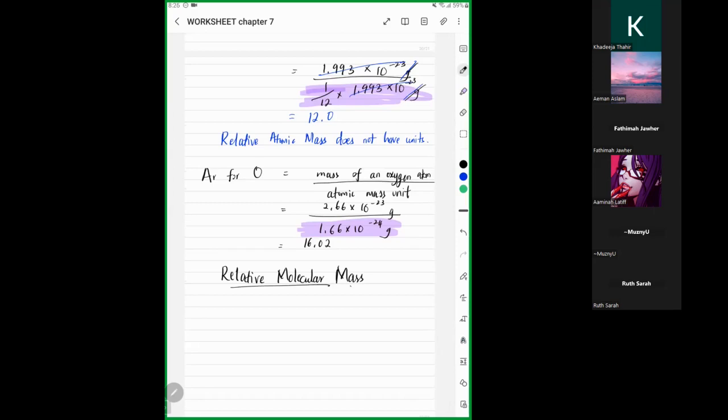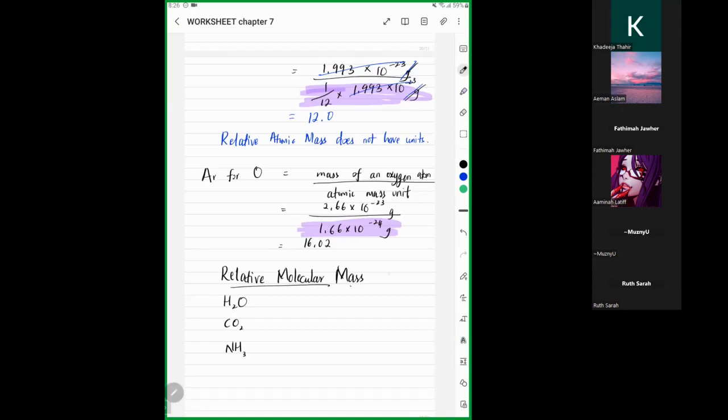A group of atoms, right? Of the same kind or different kinds. So for example, H2O will have molecules, CO2 will have molecules, ammonia will have molecules, and so on. So if you want to find the relative molecular mass of a molecule, all you have to do is add the relative atomic masses of the atoms of that molecule.